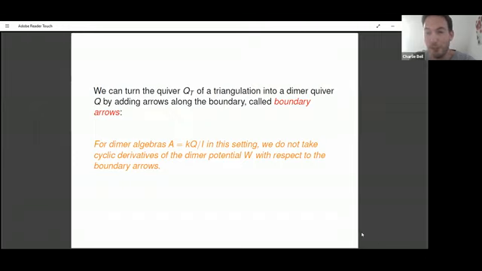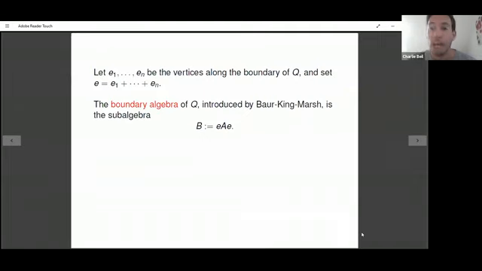There's another picture missing here too. Okay, so now let E1 through En be the vertices along the boundary of Q, and set E to be the sum of these vertex idempotents along the boundary.